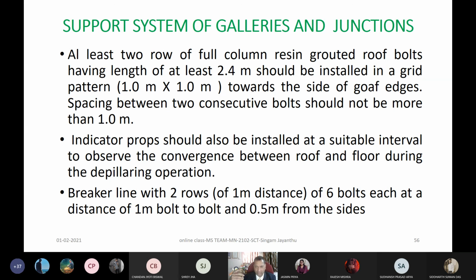That means chocks are kept adjacent to one another so that a person also cannot enter inside the goaf. That is also one of the purposes. Already I explained last time. Nowadays, with more developments and innovations, we are using bolts themselves so that they provide more support resistance.